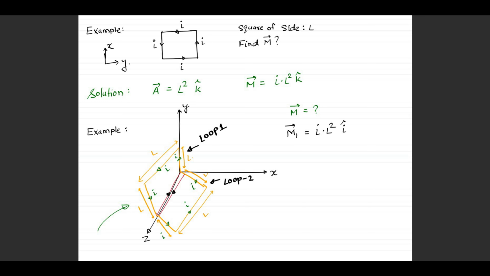So this will be I cap. If I talk about M2, again I into L square. If you curl your fingers for loop 2 in the direction of current, your thumb will point in the direction of positive j. So your net magnetic moment will be, right. So this is how we find out the magnetic moment or magnetic dipole moment of the current carrying loop, right?